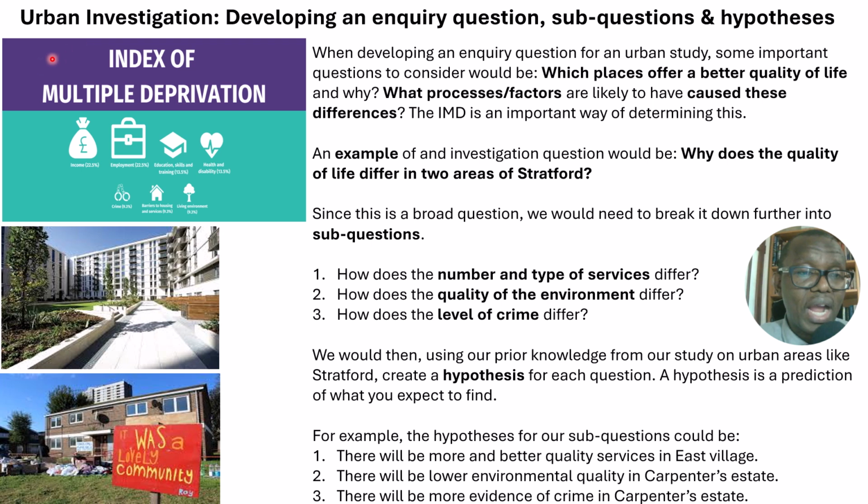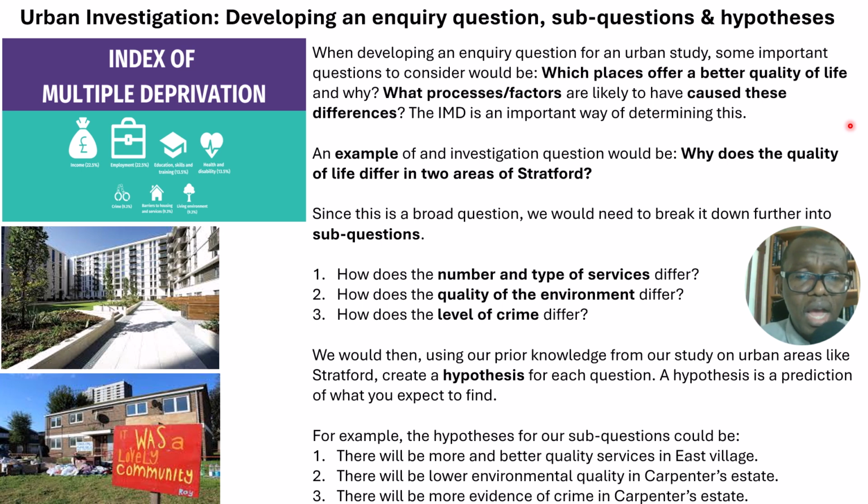They use 7 indices to determine that: housing, income, access to healthcare and education, and so on. Those will give you an idea of the reasons behind the differences you see in that urban area.